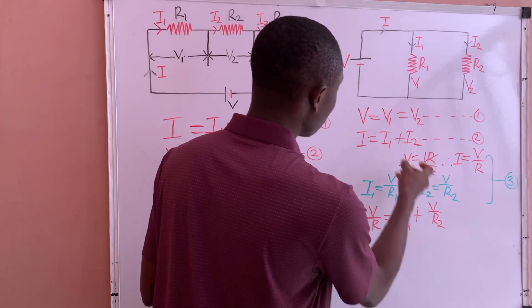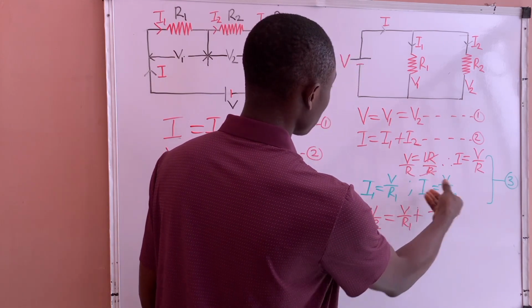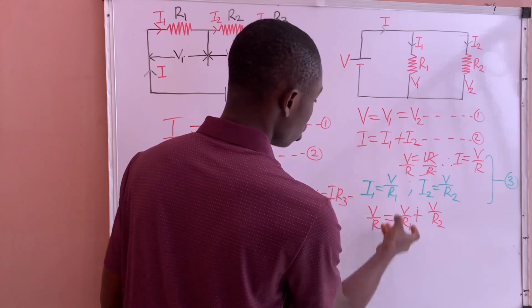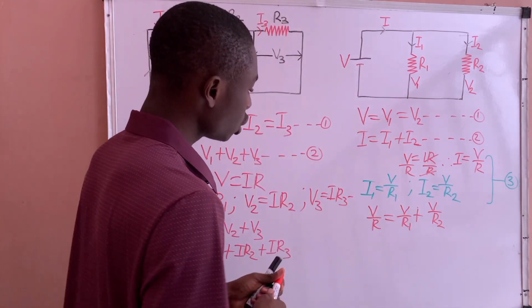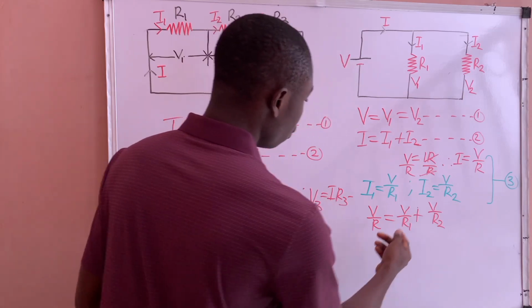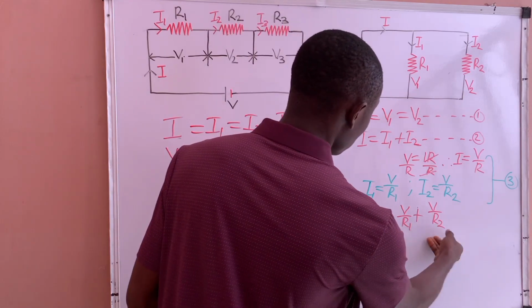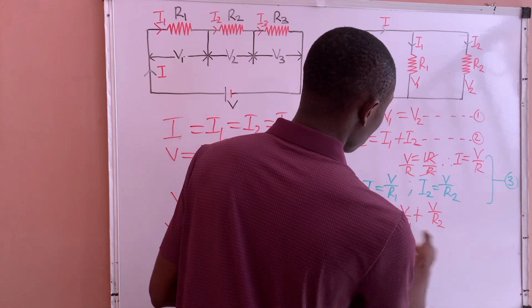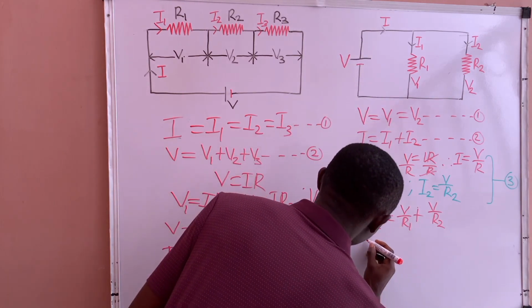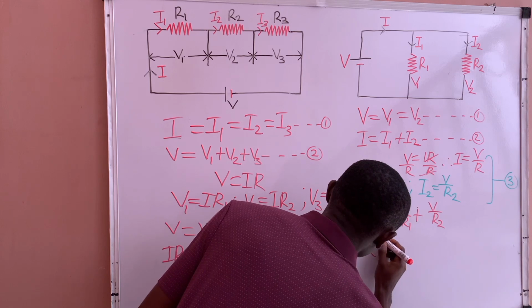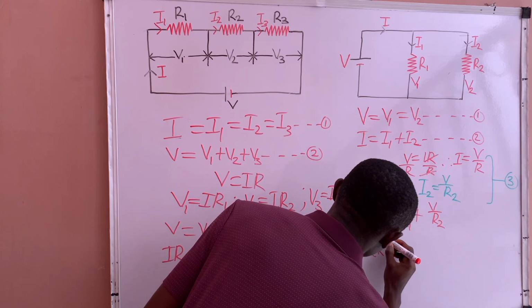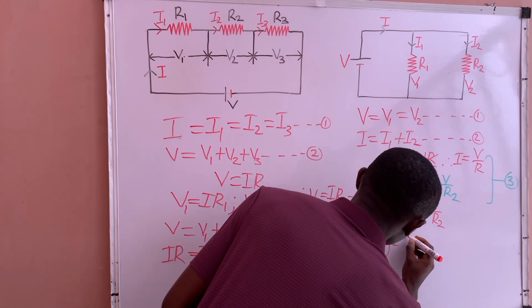So we have input the individual values of current into equation 2. So at this point, something is common. V is common, but this formula can be written as V times 1 over R in bracket, equal to V.